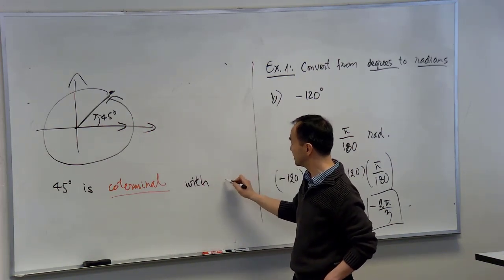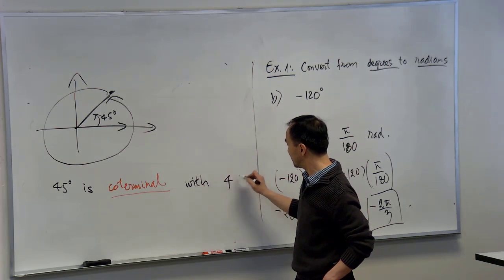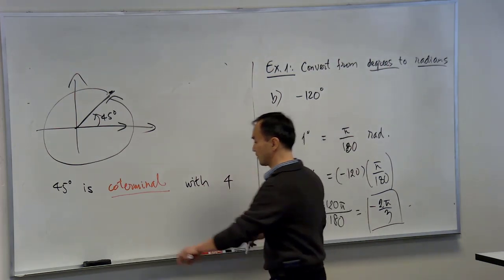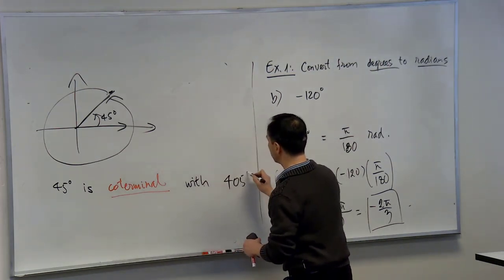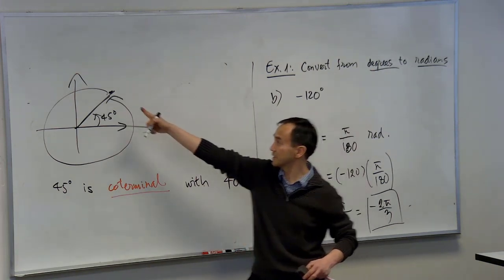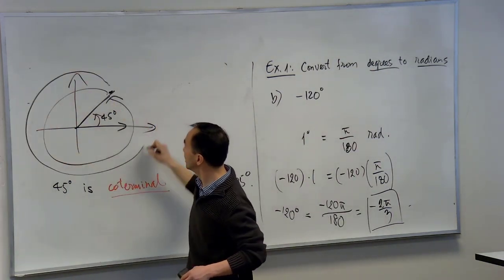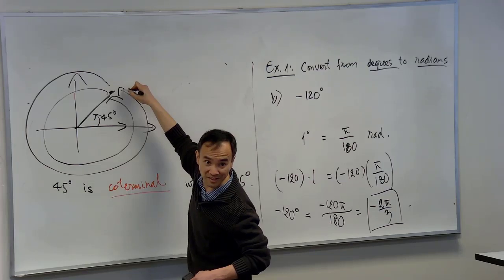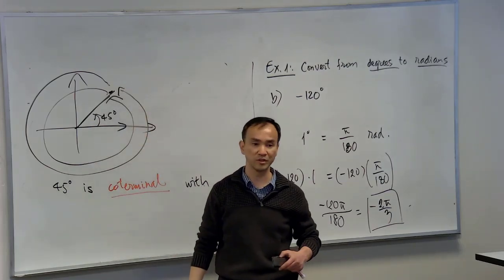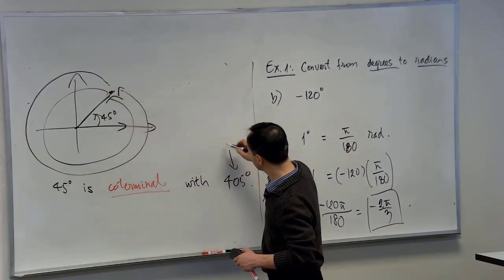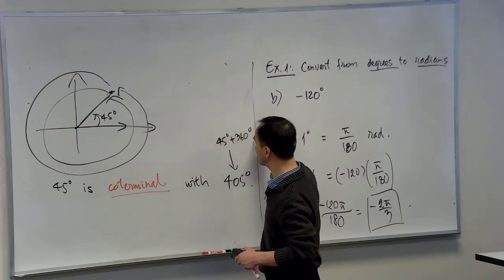That's going to be 405. There's another 360 degree rotation right there. It's because it's 45 plus a 360 degree rotation.